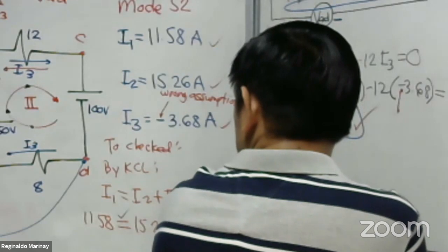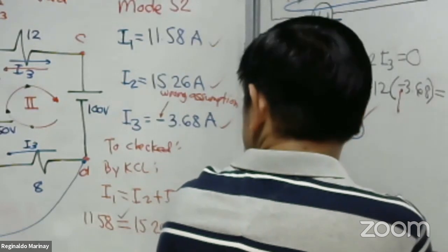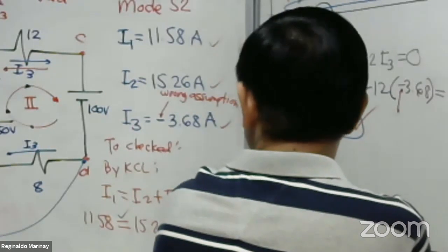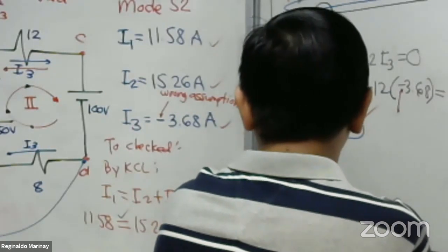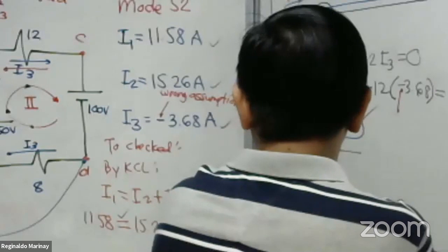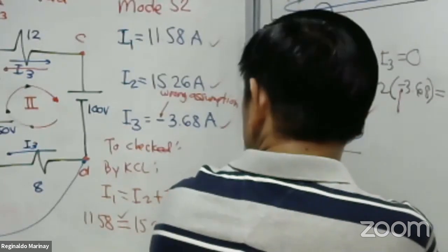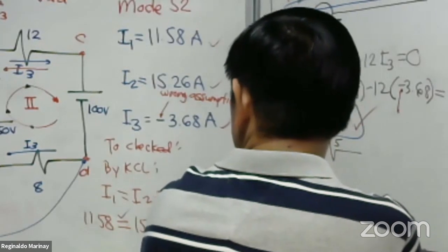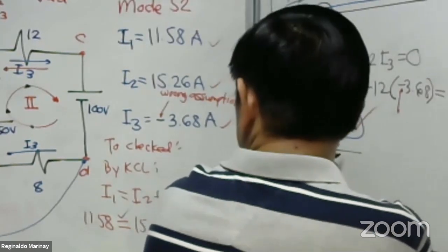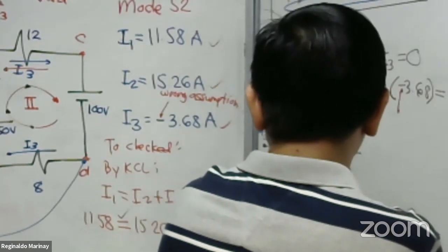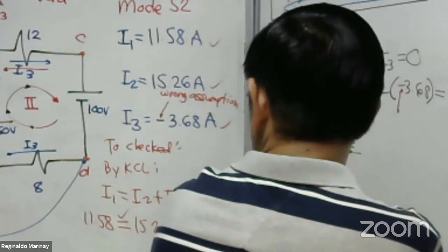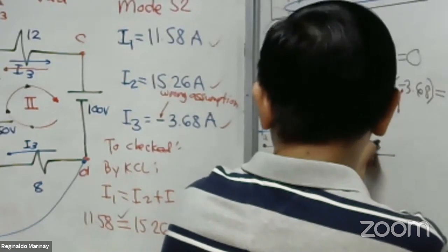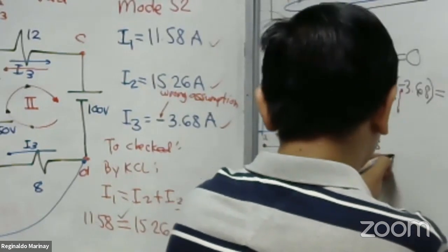Then the negative is connected to point F. And then at point F, there is a 5 ohm resistor. After the 5 ohm, there is point E, and then we have here an 8 ohm resistor.